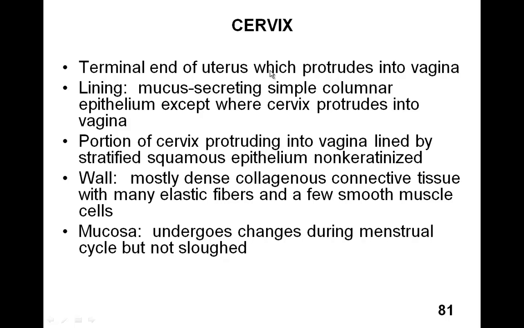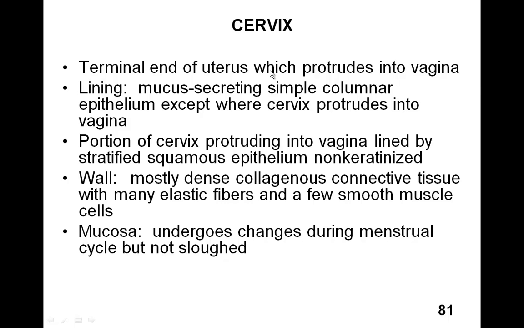All right, cervix. Just want you to note that the epithelium is going to change from simple columnar epithelium to stratified squamous as it enters the vagina. And the remaining wall, remember how we talked about how the smooth muscle is going to be replaced by a dense fibroelastic type of connective tissue.